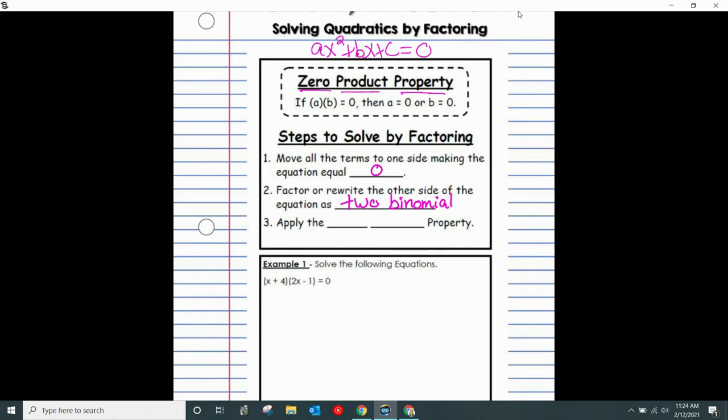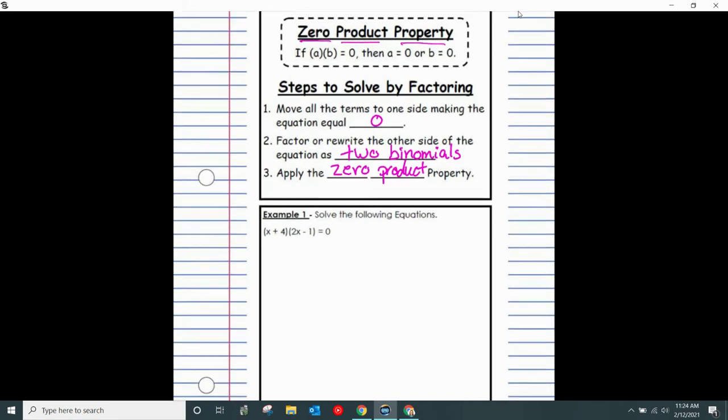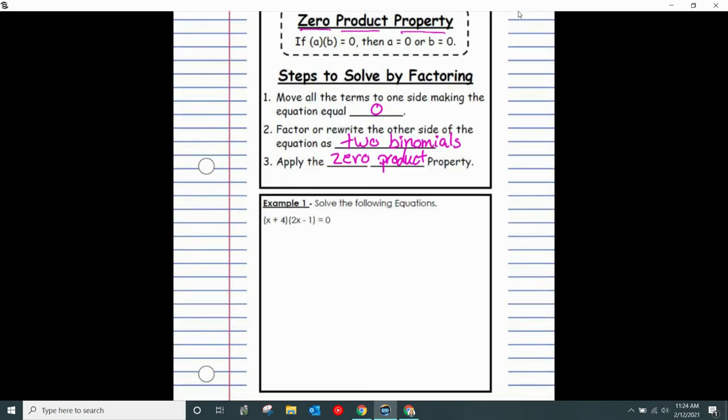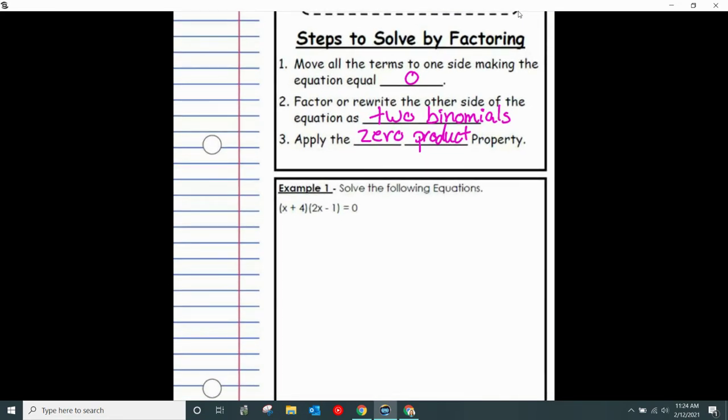And then you would apply the zero product property. So we really want to just camp out here first and look at some examples where that's already been factored. If you look at example 1, the original problem here is, let's see, 2x squared.